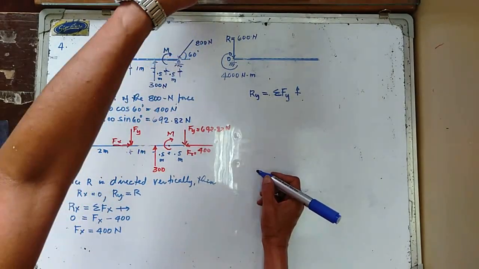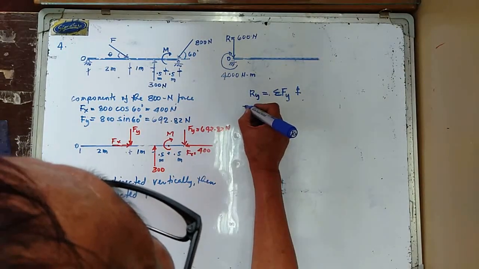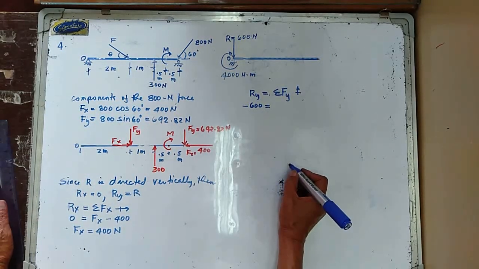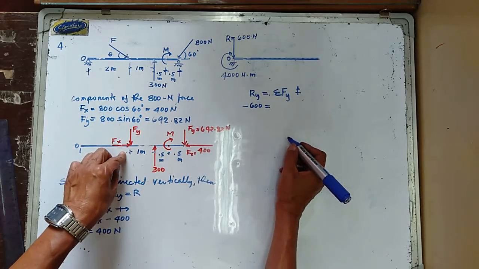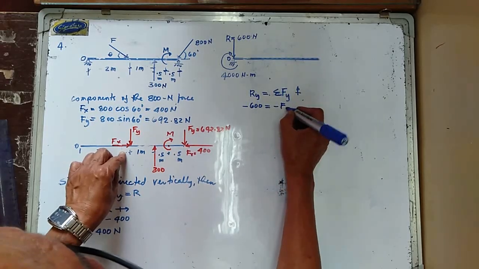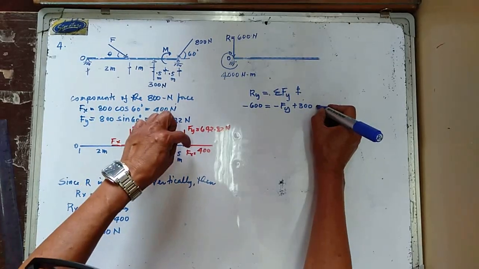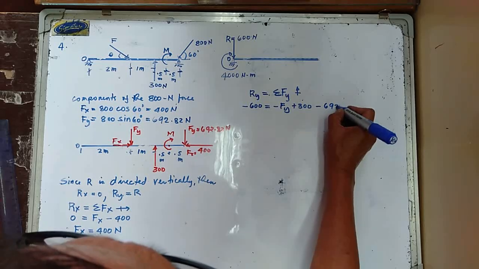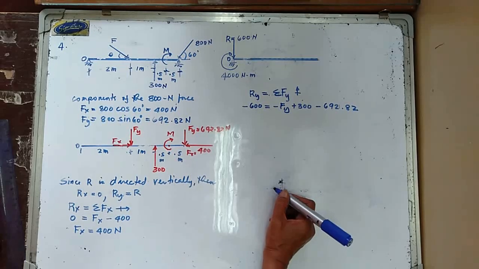The resultant is directed vertically downward, so we have minus 600, and this is equal to minus Fy plus 300 minus 692.82 newtons.